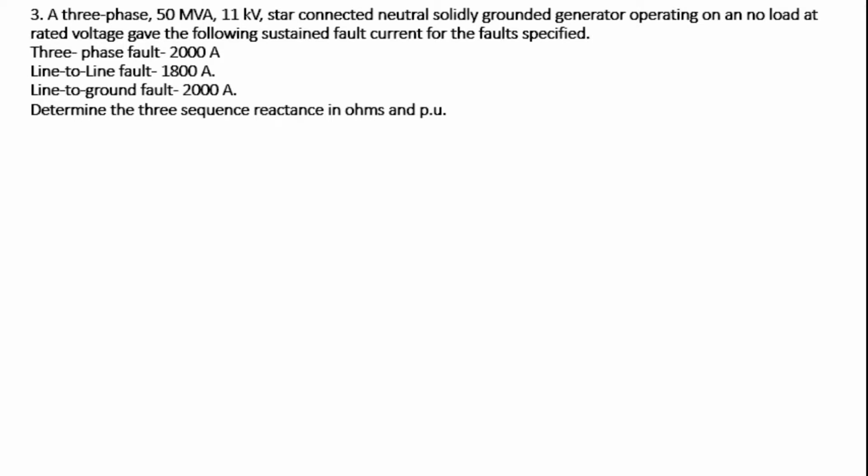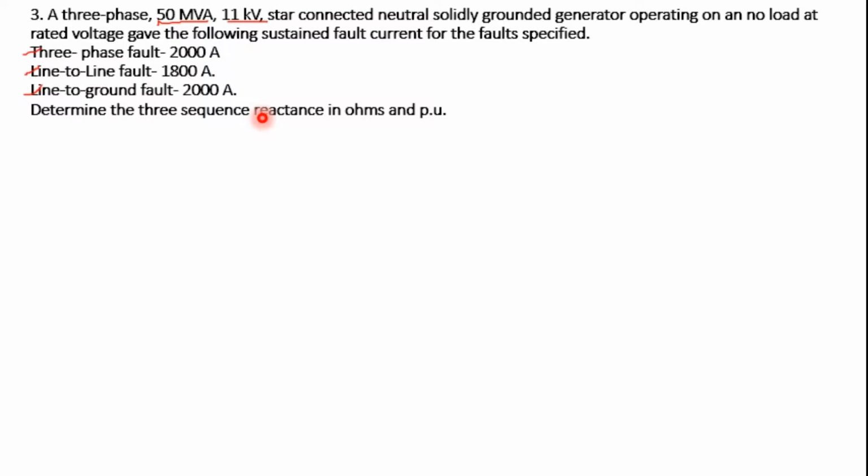So, it is a three-phase, 50 MVA, 11 kV generator. For the three-phase fault it is 2000, line to line fault 1800, double line to ground fault 2000 amperes. We need to determine the three sequence reactances, that is X1, X2 and X0.